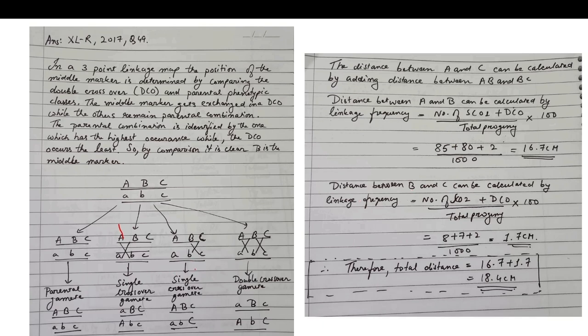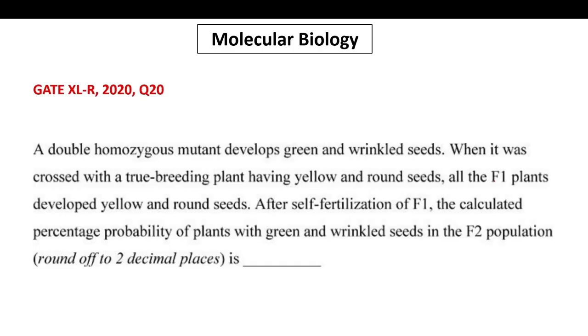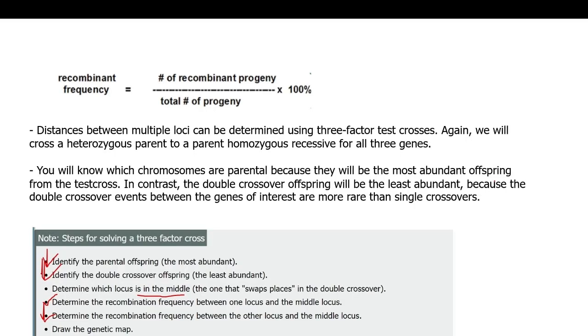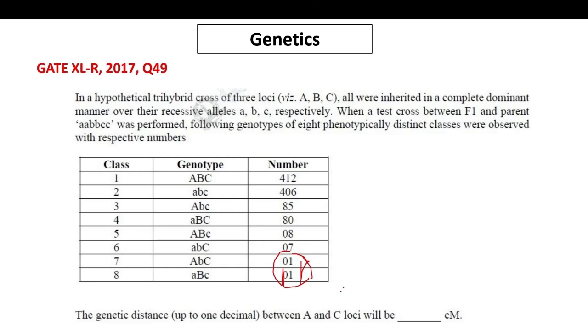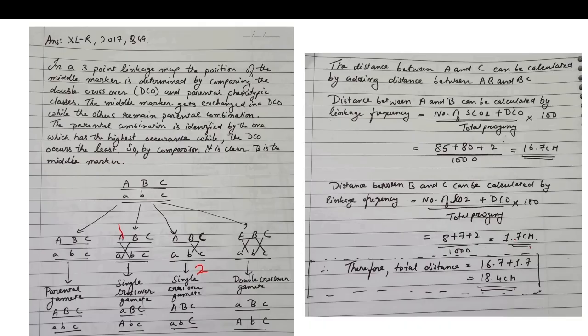The second one, SCO2, is this one, and in the double crossover B and C are also involved. So just total the numbers given here, and you will get 8 plus 7 plus 2 by 1000, that is 1.7 centimorgan.